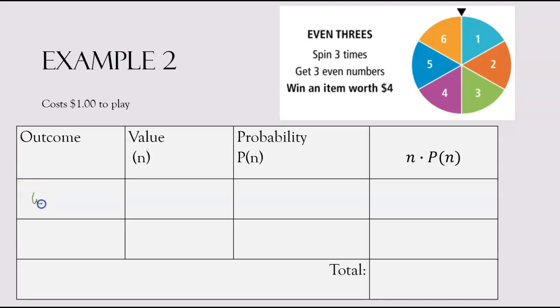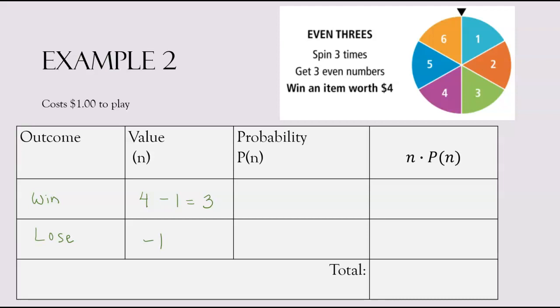The first outcome is that we win, and the second outcome is that we lose. If we win, we're going to get a $4 item, but we still have to pay $1 to play the game. If we lose, we just have to pay $1 to play the game. So the value for winning is $3 and the value for losing is -$1.